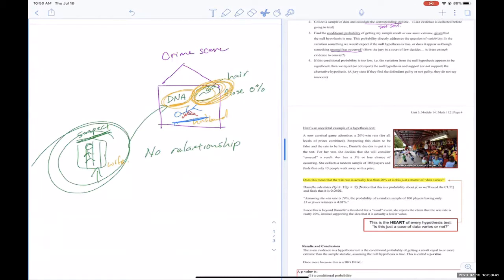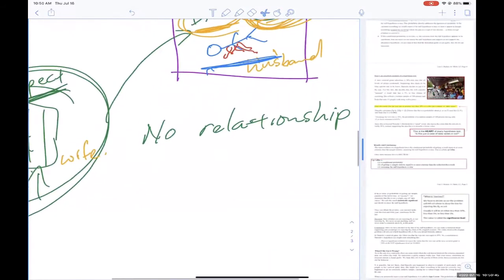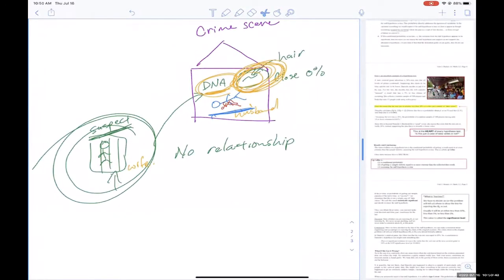So we have a crime scene. Okay, so far so good. And we caught a suspect. Let's get rid of this right here.